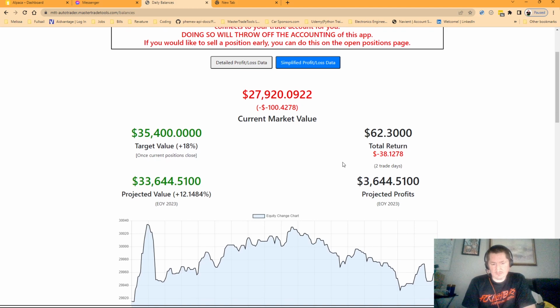So also up here, we have our current market value. This is how much money you have currently invested in positions. This does not include your cash that is still available to trade. This is just what is invested in your positions, and what the value of those positions are.